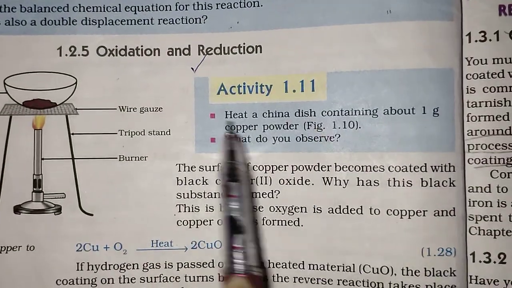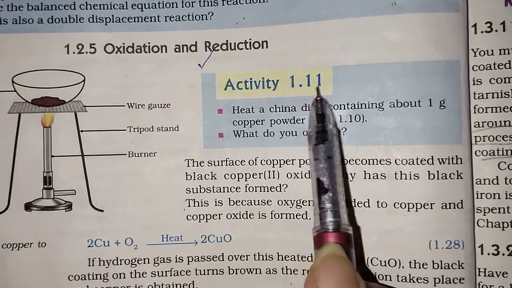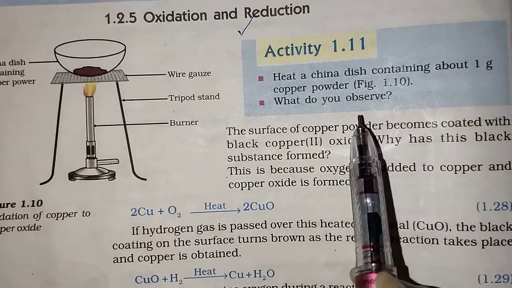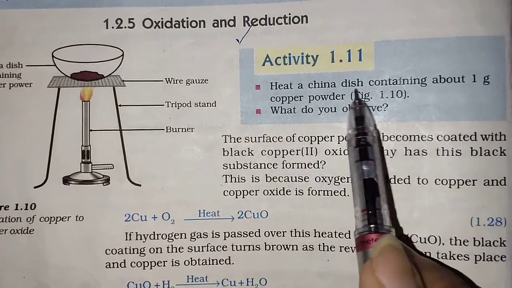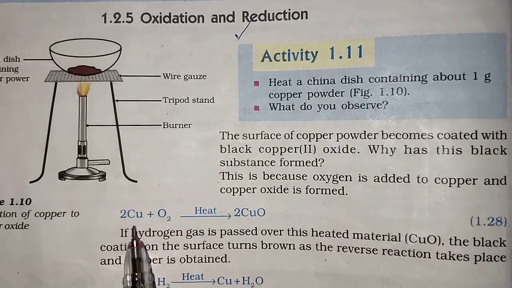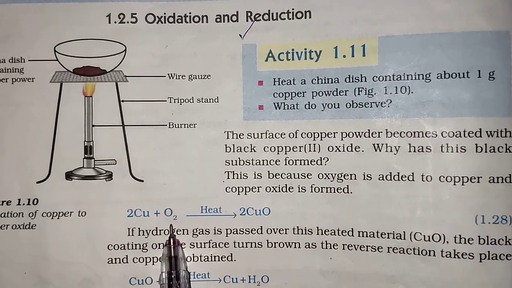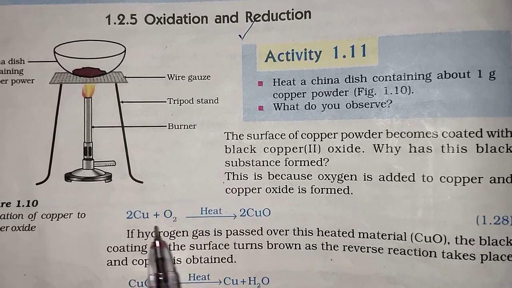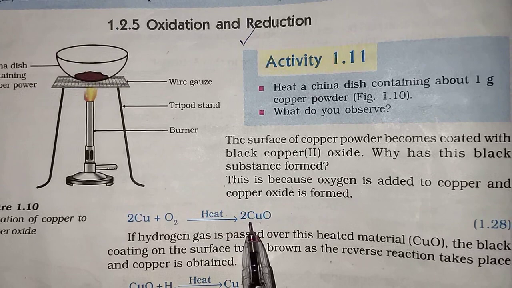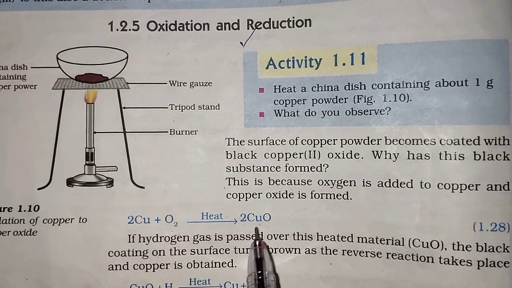In this activity, a china dish is heated containing about 1 gram of copper powder. Whenever copper powder is heated, it will form copper oxide, that is cupric oxide, because the valency of copper is 2, which is the highest valency for copper.